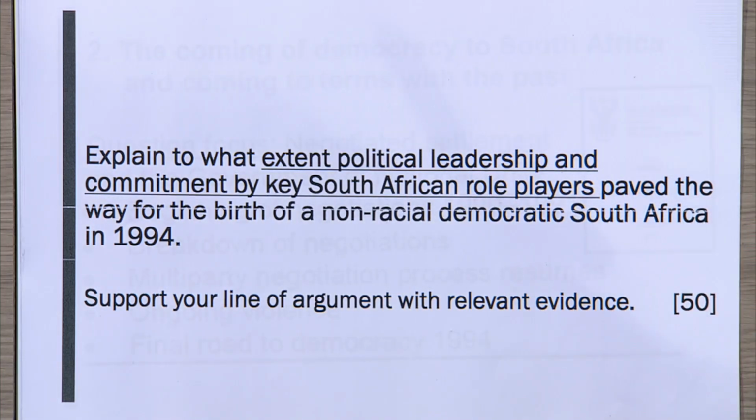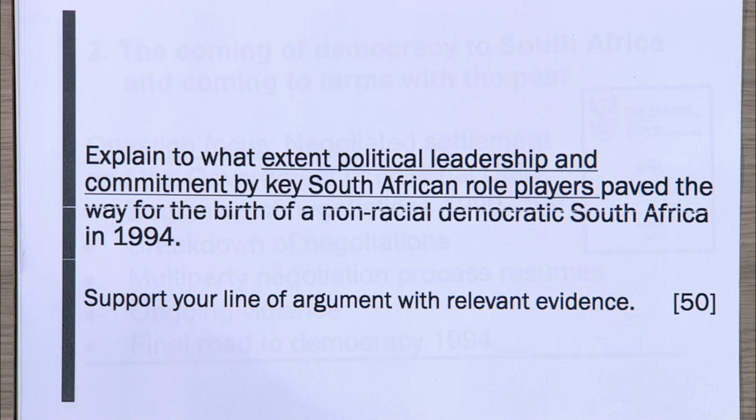The example that I have in front of me says, explain to what extent political leadership and commitment by key South African role players paved the way for the birth of a non-racial democratic South Africa in 1994. Again, it says that we need to support your line of argument with relevant evidence, and that's going to be worth 50 marks in the final paper.